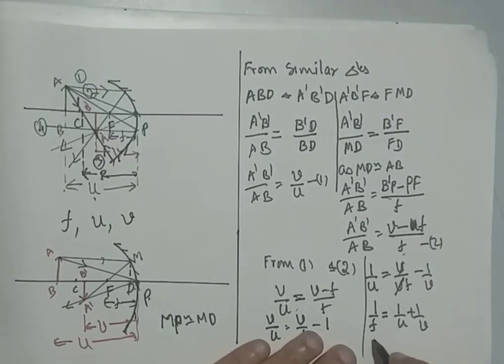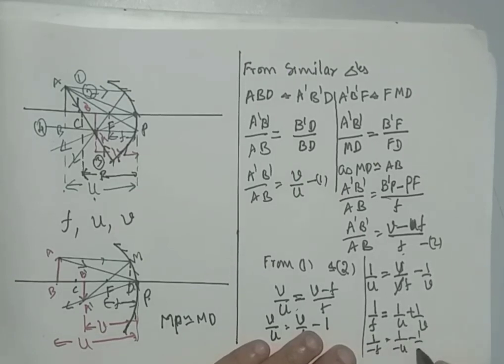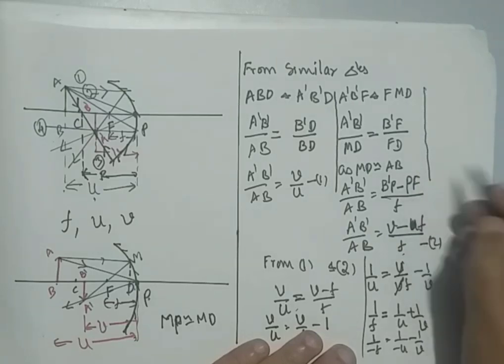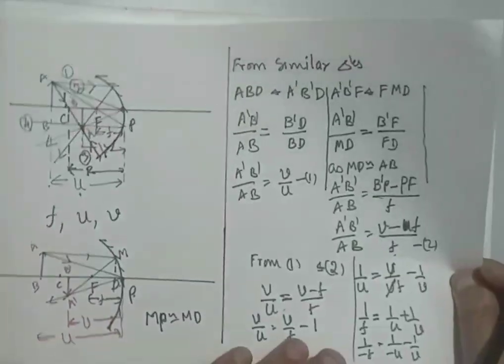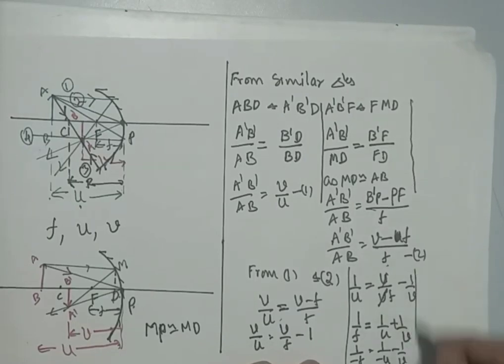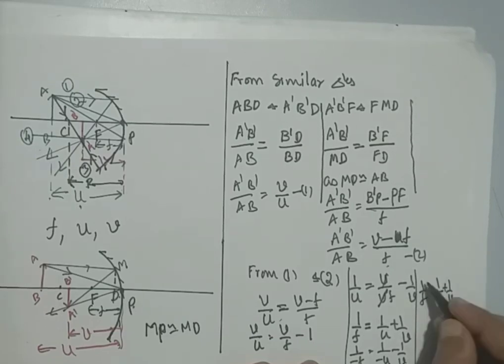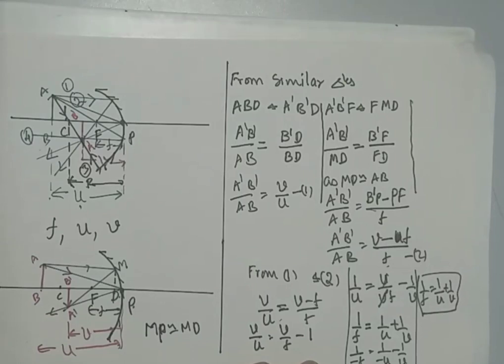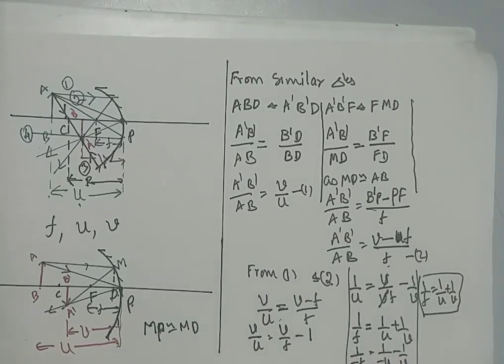We can simply write minus 1 by F, minus 1 by U, minus 1 by V. Finally, we can write the equation after cancelling all the negatives, 1 by F equals 1 by U plus 1 by V. This is what we call the mirror equation. Observe, you must remember to apply the sign convention at the end to get the final equation.